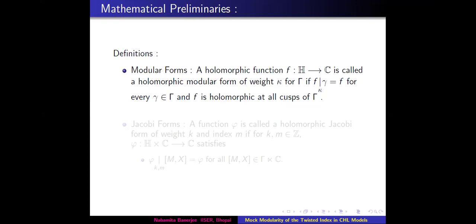Now, this holomorphicity is not really needed. Okay? So if the function is weakly holomorphic, then also this is true. If the function is non-holomorphic, then also this is true. And the only change is it must vanish at all the cusps. That is the property that it must satisfy. And if that is true, then we will call them modular forms or weak modular forms or cusp forms. Okay? Some subgroup of SL2Z.